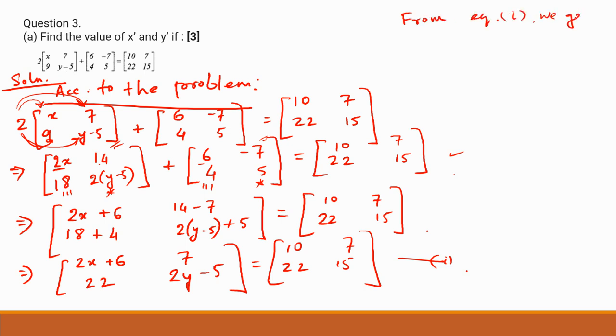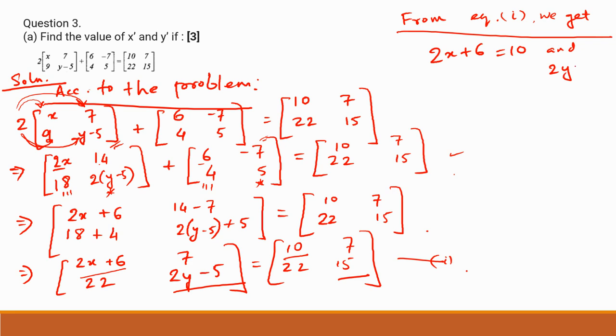So from equation 1, what are the equations that we can get out of it? We can say 2x plus 6 equals 10, and 2y minus 5 equals 15. So x can be, when 6 goes to the other side, 4 divided by 2, it should be 2, right?